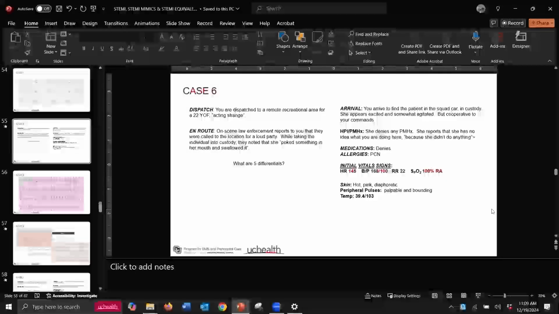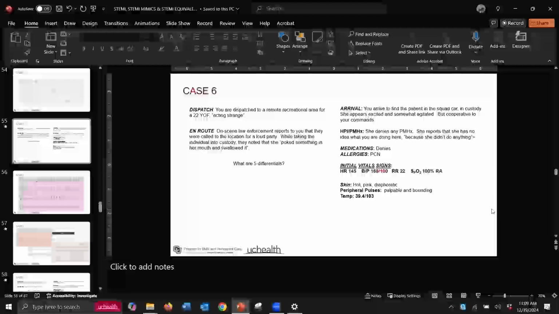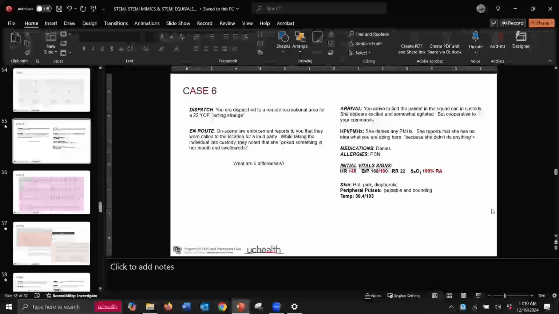Heart rate of 145, blood pressure of 168 over 100, respiratory rate of 22, SpO2 of 100% on room air. Skin is hot, pink, and diaphoretic. Peripheral pulses are palpable and bounding, and her temperature is 39.4 C or 103 F.